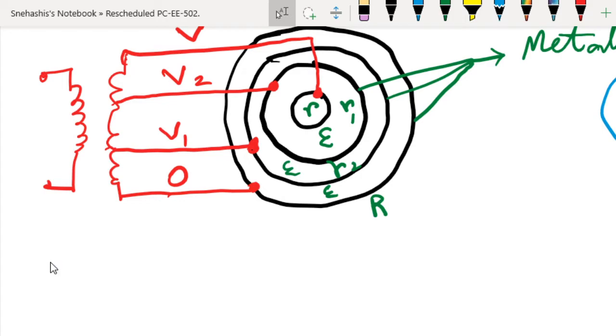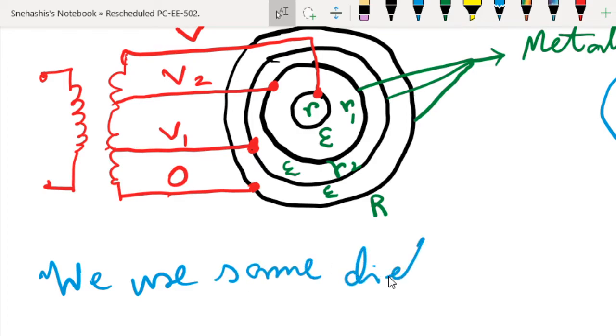So I am writing that too. We use same dielectric, sheets at different distance.